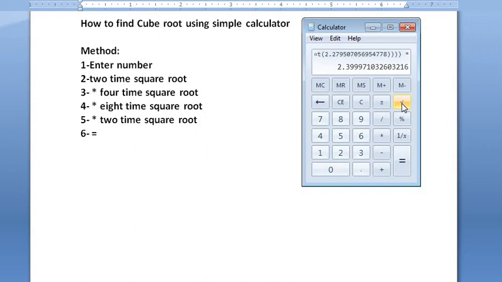So I am going to press this root button 8 times, 1, 2, 3, 4, 5, 6, 7, 8. Then the fifth step is square root 2 times, 1 and 2. And then last we have to press the equals to button, that is 2.999, that is equal to 3.